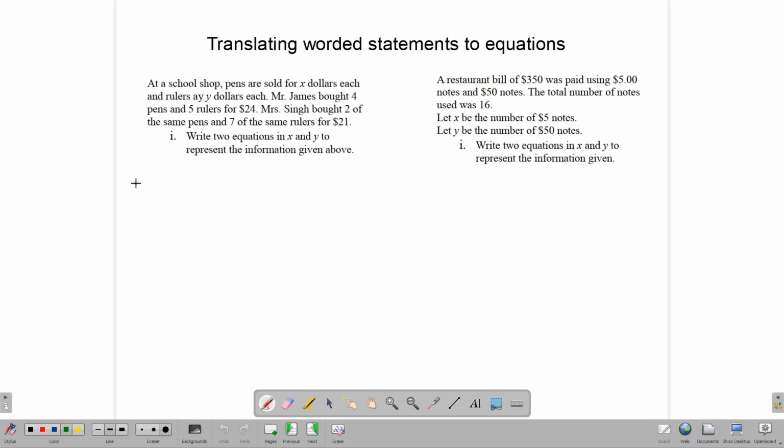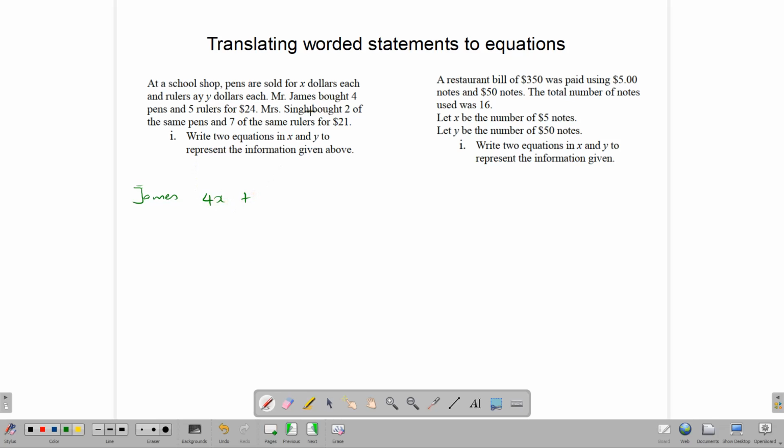For Mr. James, we're using X for pens and Y for rulers. So Mr. James buys 4 pens, that's 4x.